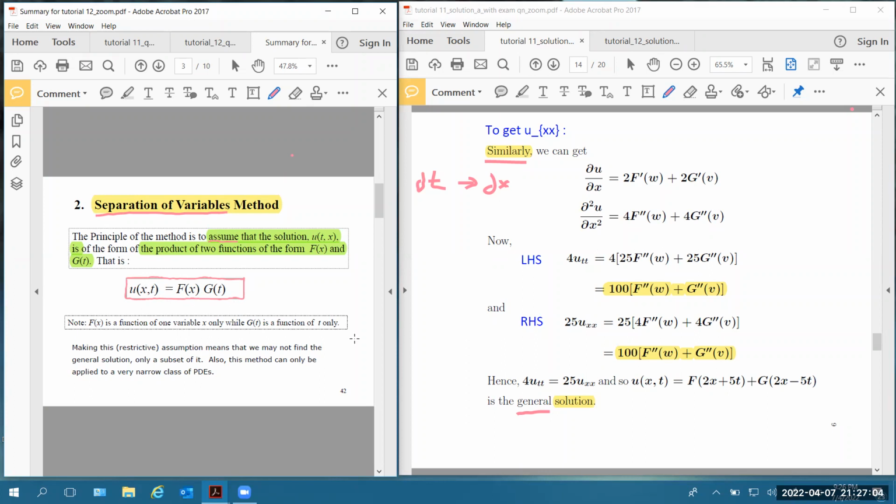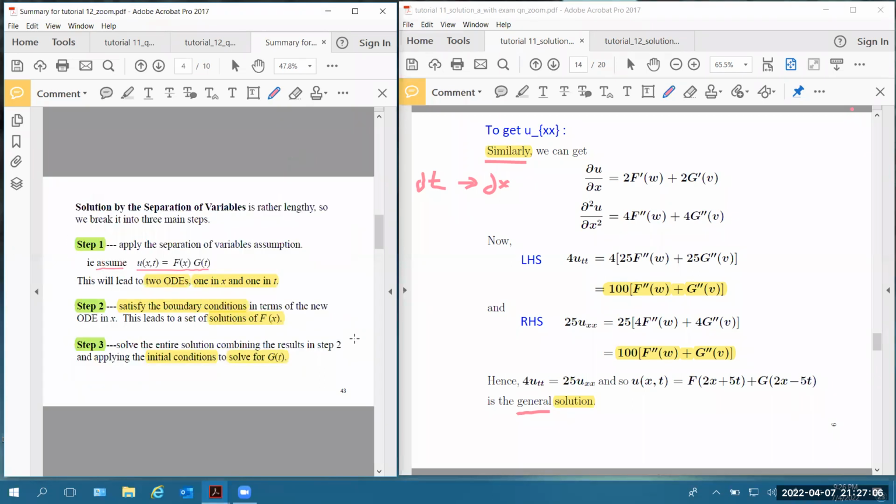Separation of variables. Okay, so you assume that the solution is like that, right? Then after this, what do you do there? After this, we got several steps. Let's look at step 1. So first of all, you assume that the solution is like that. Then you go and substitute into your PDE, because you say this one is the solution.